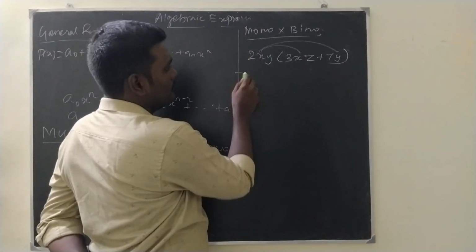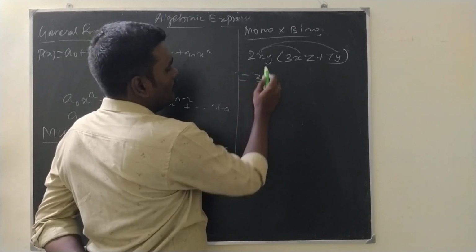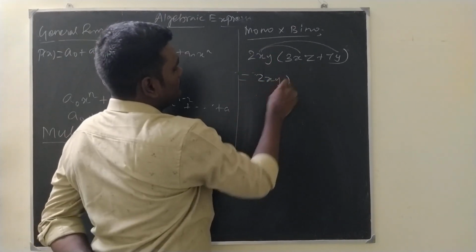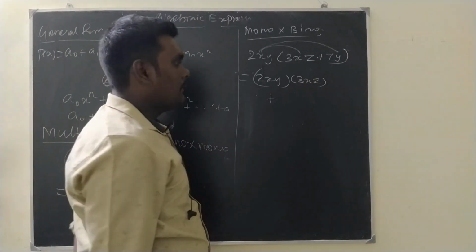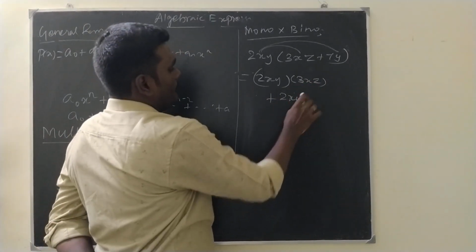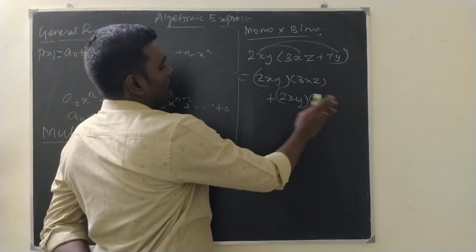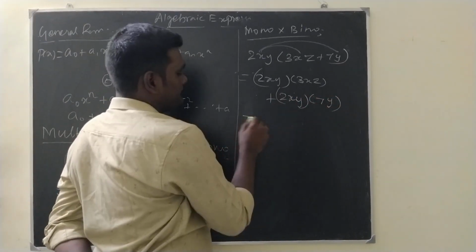First we have to multiply 2xy with 3xz, then the results will be added, 2xy into 7y.